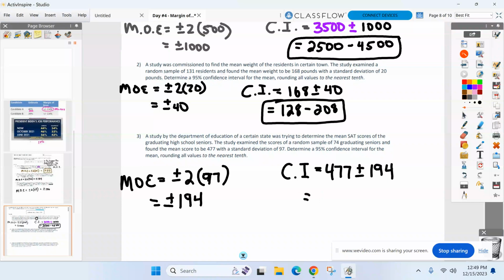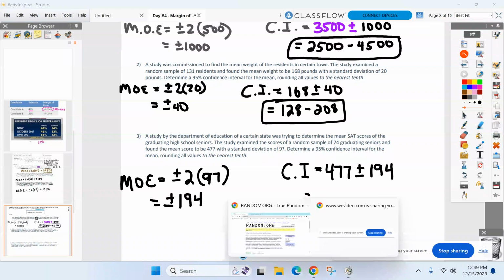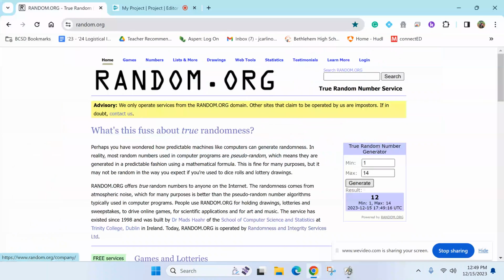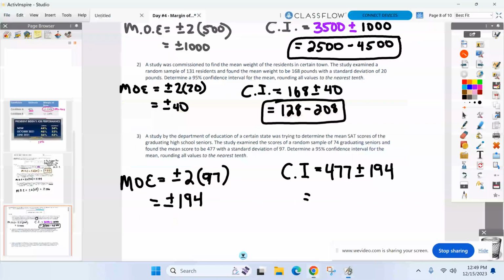So we are 95% confident that whoever took this SAT, the average of this SAT was what? Grant, back to you. 283 to 671. Use your big words, please. 283 to 671. Thank you. You're just listing off numbers like it was a combination.